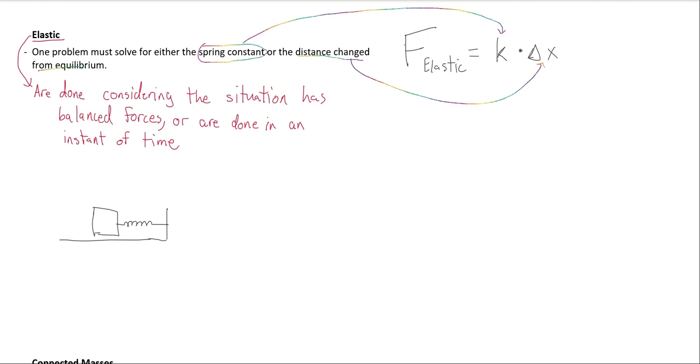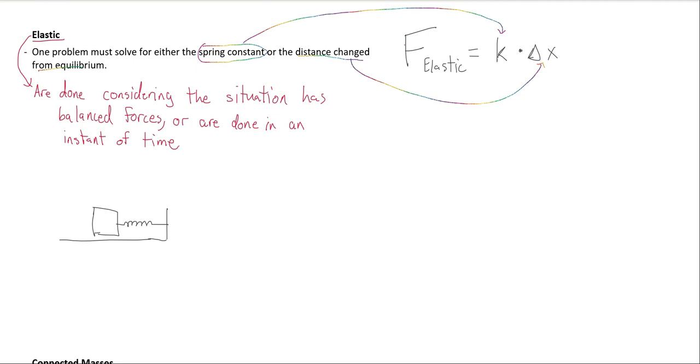So I'm going to immediately assume that I've already stretched or compressed my spring. Let's say I've stretched my spring, just because. Now, if this is set on the ground, I also know that the ground usually provides friction.